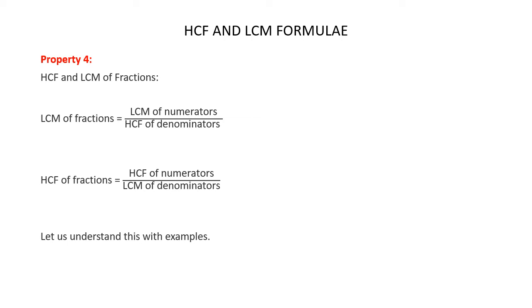You can find the HCF of fractions using this formula. HCF of fractions is equal to HCF of numerators divided by LCM of denominators. Memorize these two formulae to find the HCF and LCM of fractions. Let's understand this with examples.